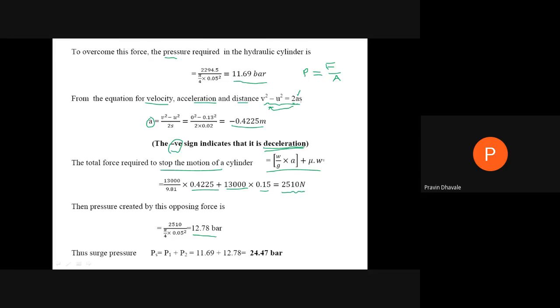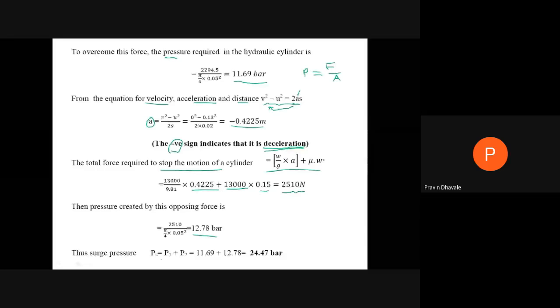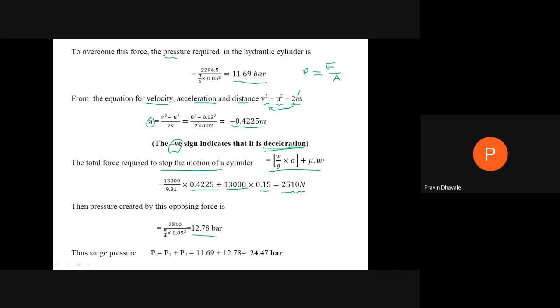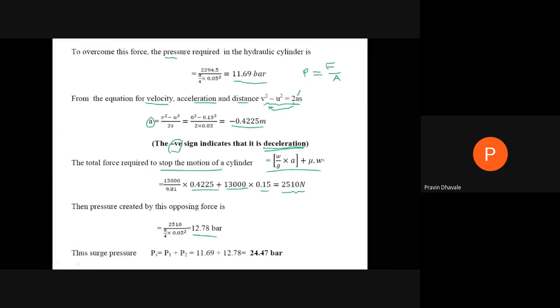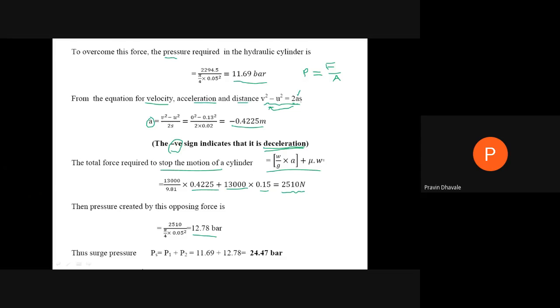You are getting this pressure, and such pressure is a combination of the pressure required to overcome the force to move the piston, and the pressure required to overcome the motion of the cylinder, that is P2. So this is the addition of P1 and P2. You are getting the value of surge pressure. The value of P1 you got here.